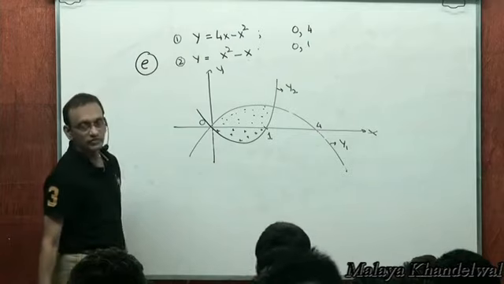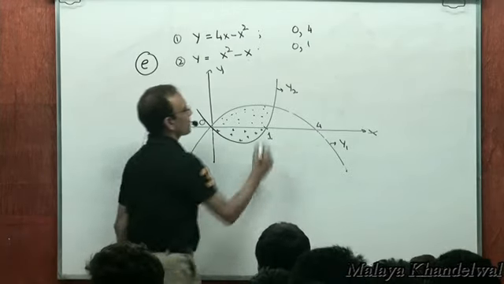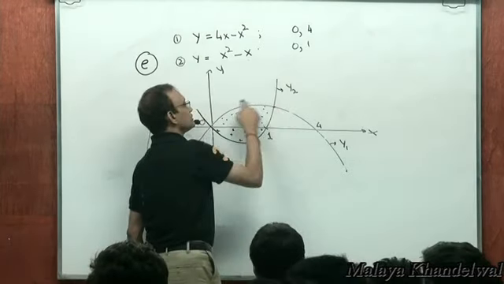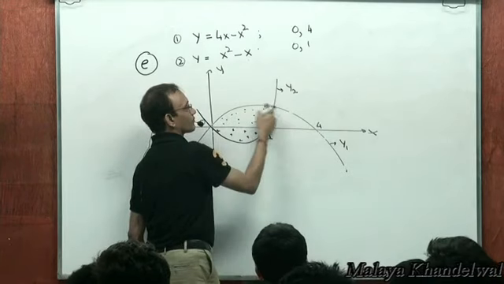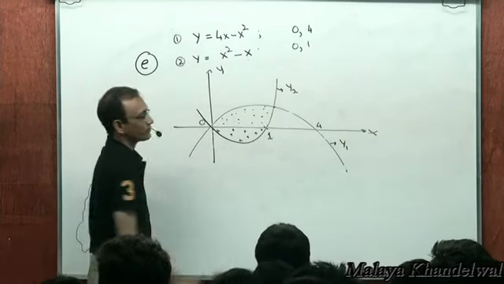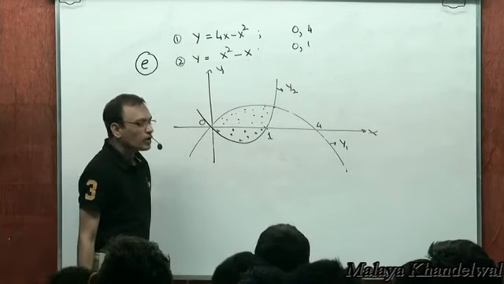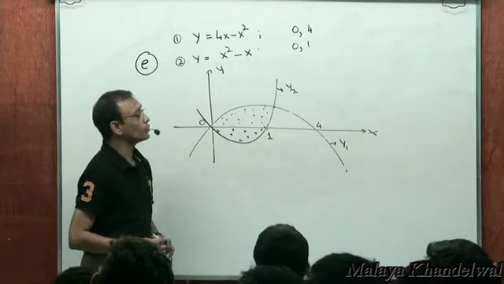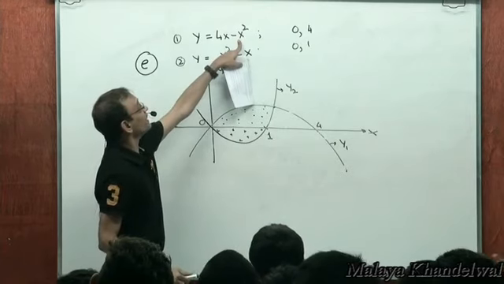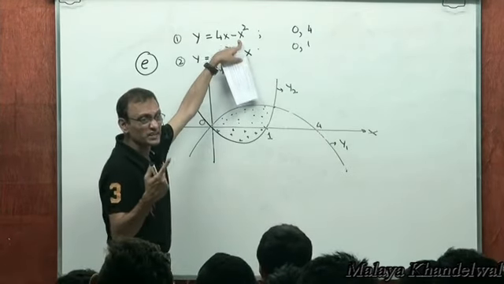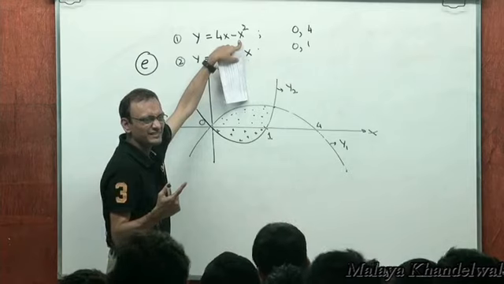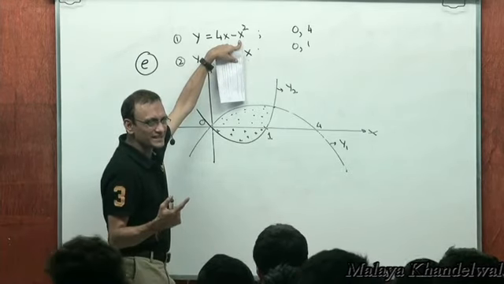So, the first thing that I could do here is, let me find this area. How do I find this area? Horizontal strips is not a good idea, because if you write x as a function of y, you have to solve for x, which is a quadratic, which will be cumbersome, isn't it?